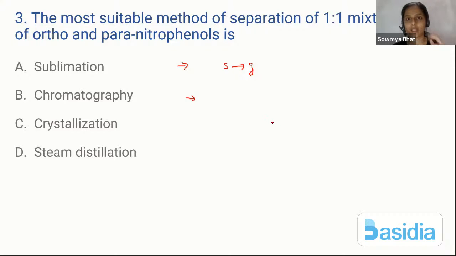We'll see the structure so that we get the answer well. It is ortho-nitrophenol. If you are going to draw the structure, this is phenol and this is the ortho position. And this is a phenol and nitro is in the ortho, meta, para position. If you see the structure here, there is hydrogen bonding inside the molecule.